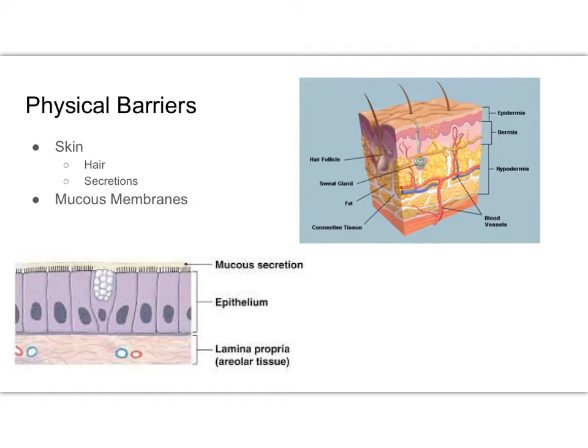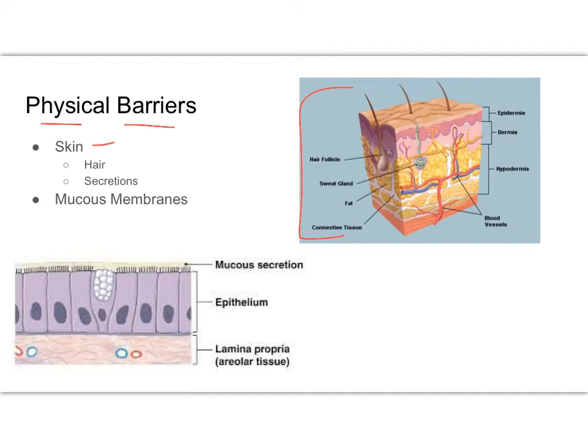So our first kind of non-specific defense is our physical barriers, and they are exactly what that says. They are physically blocking the pathogens from being able to enter your body. For example, your skin. If y'all remember when we did skin, it has all the layers. It provides a solid barrier that normally bacteria and any other pathogens, microbes, are unable to cross.